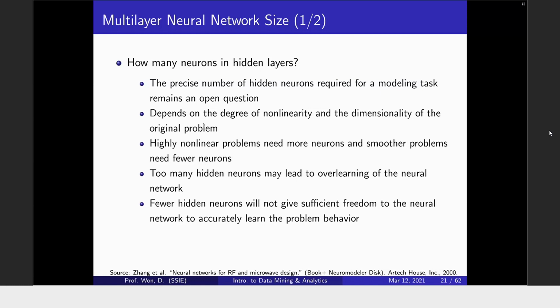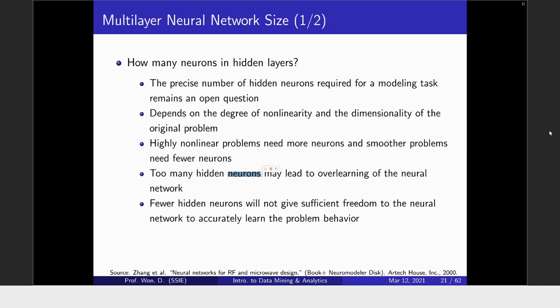If the problem is very simple and trivial, we keep a small number of neurons. But if the problem is very complicated, then we keep a large number of neurons. Also, a highly nonlinear problem needs more neurons and a smoother problem needs fewer neurons. And the second thing is too many neurons.